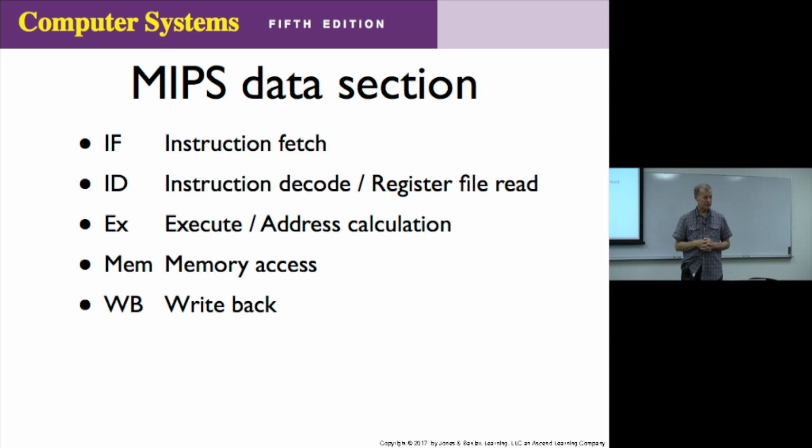There is the instruction decode / register file read part, which is abbreviated ID. There is the execute / address calculation, abbreviated EX. There is the memory access, abbreviated MEM, and then there is the write back stage, which is abbreviated WB.